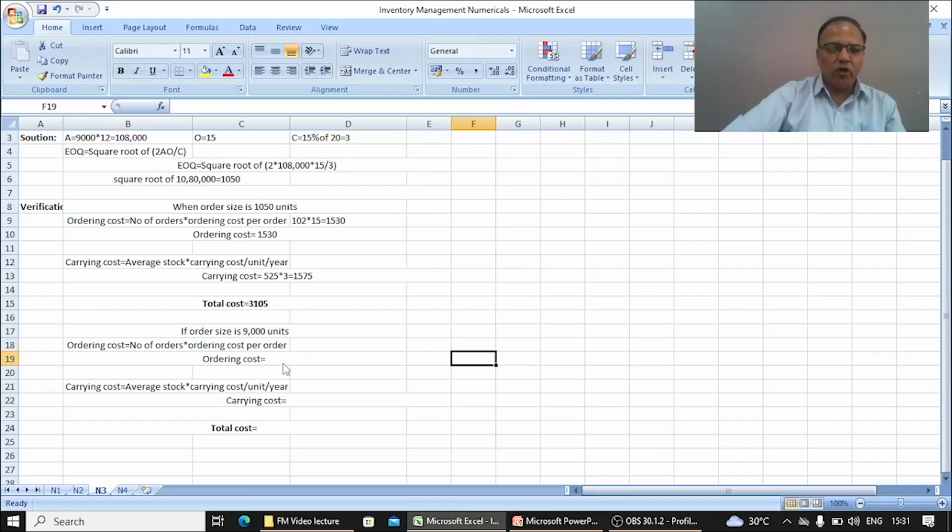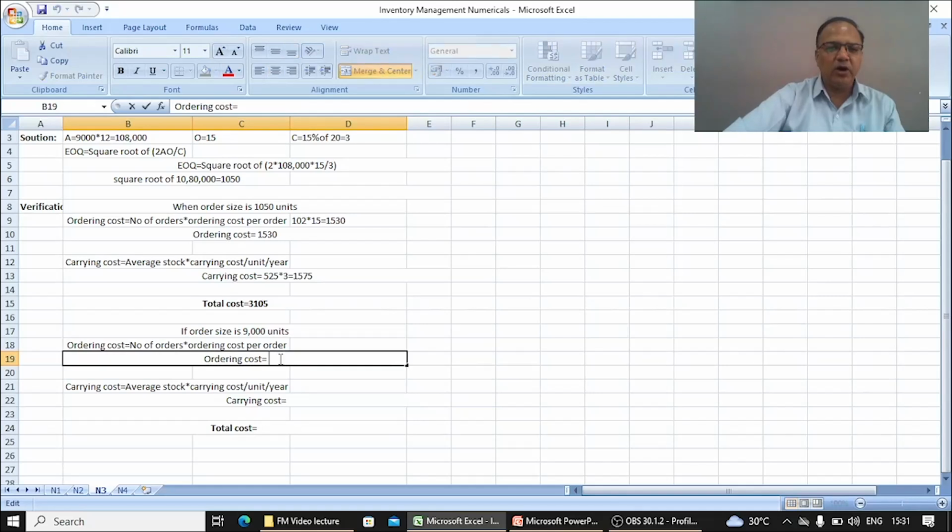Here, if order size is 9,000, then ordering cost is equal to number of orders into ordering cost per order. Ordering cost per order is 15. So this is 180.